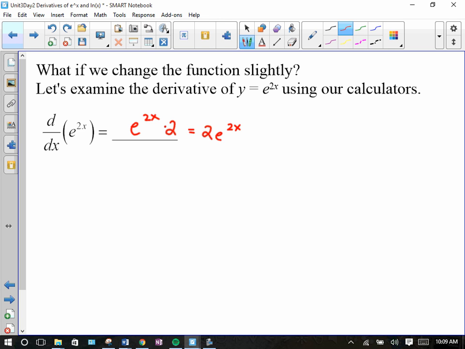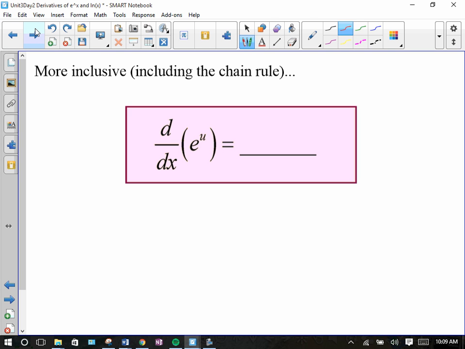So in general, the derivative is equal to the derivative of u times e to the u power. It'll make sense if I show it to you. Let u be a function, like 5x plus 2, or 9x. Then the derivative of e to the u is e to the u times du.